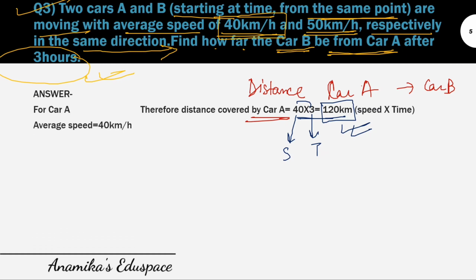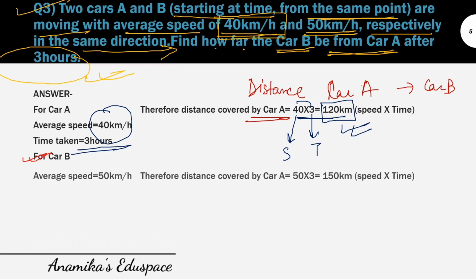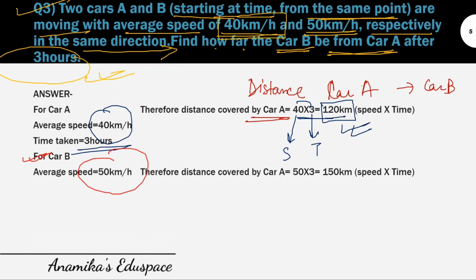Similarly, now we will calculate for car B. For car B, the average speed is 50 kilometers per hour and the time is 3 hours. So the distance would be speed into time, that is 50 into 3, which is 150 kilometers.